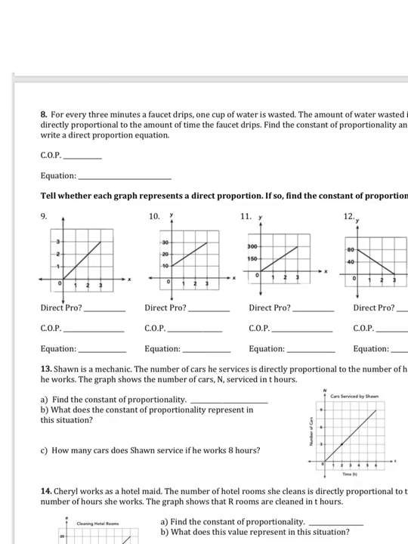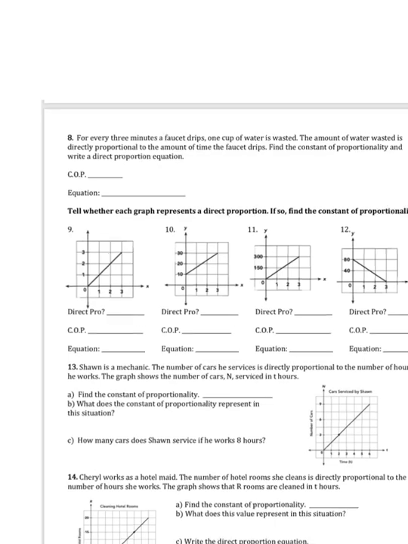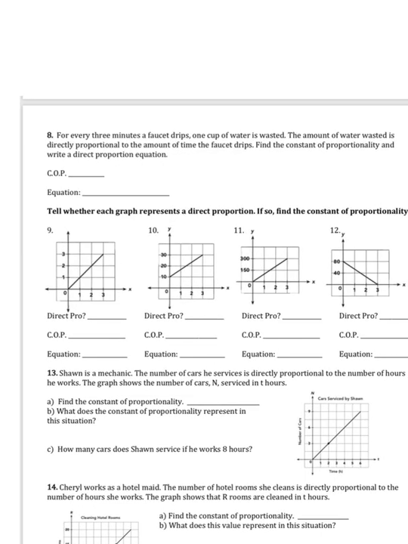Okay, again, I'm going to look for my direct proportion vocab here because I know that's what this is about, but let's just take a look at it again. For every 3 minutes, 1 is wasted. The amount wasted is directly proportional to the amount of time. Write a direct proportion. This one says direct proportion, constant of proportionality, direct proportion.